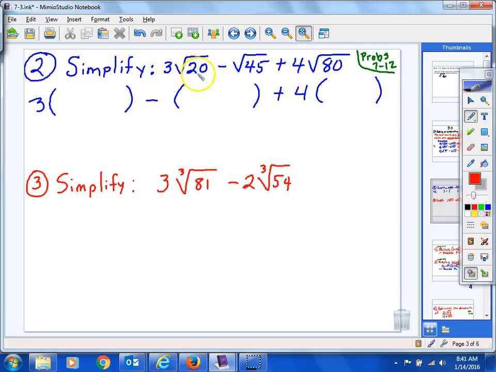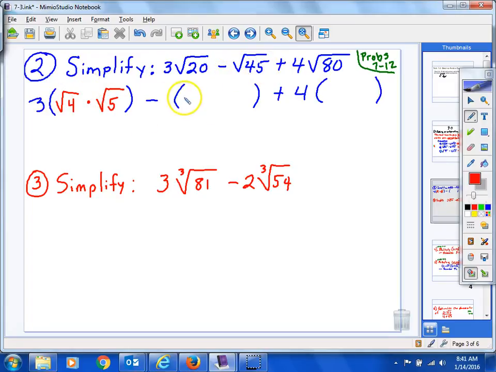The way we would simplify the square root of 20 is I would use the perfect square radical factor 4: the square root of 4 times the square root of 5, which is not perfect and cannot be simplified. Notice I still have this 3 being multiplied, and we'll come back in just a minute and take this another step.